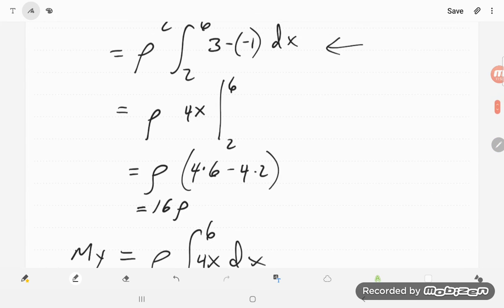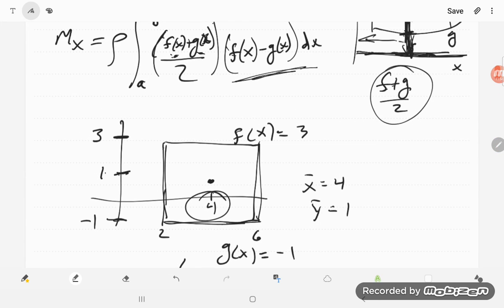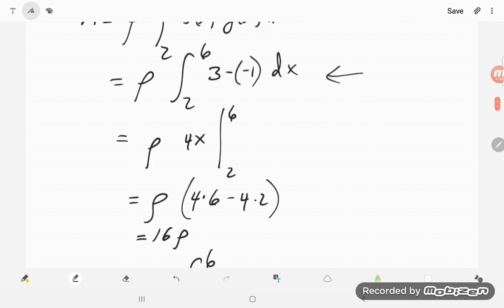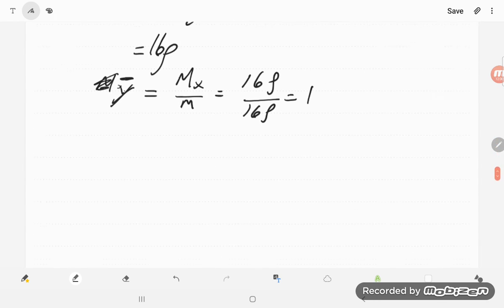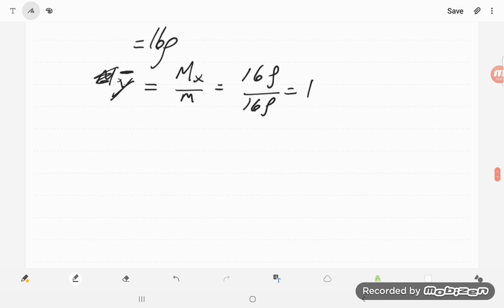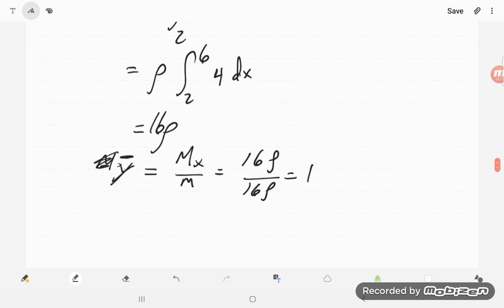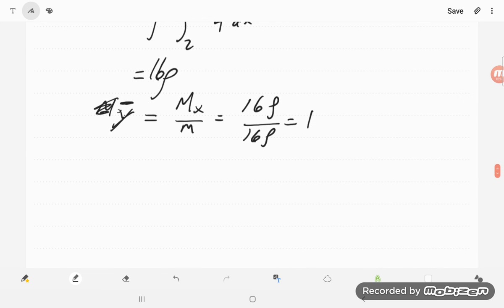And again, that's what we said it should be, 1. And so you see it worked out lovely for something we knew the answer to. And so that, again, is where these formulas come from. And we'll call that video done.